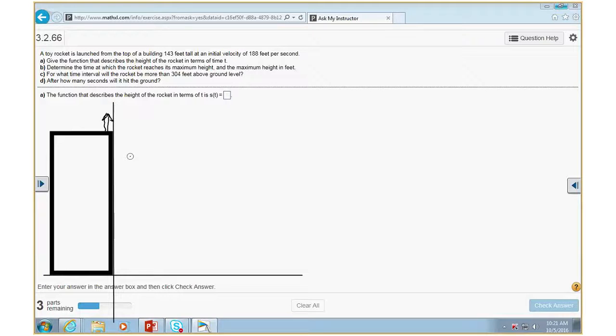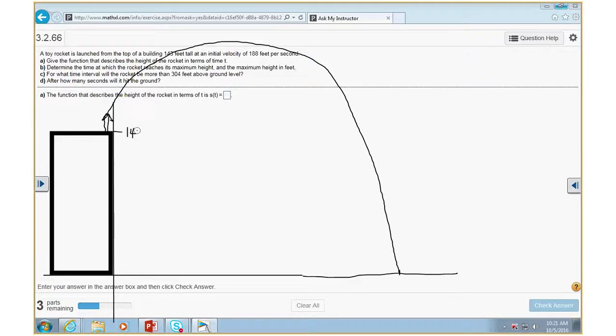Okay, so rocket, we'll take our handy dandy... there's a rocket. And it starts off at 183 feet per second. And it's going to go up, and whatever goes up comes what? Down. So we've got a what? A parabola. Now at this point, it's at 0 and what? 143. So I have no idea what we're doing here. I'm just thinking right now.